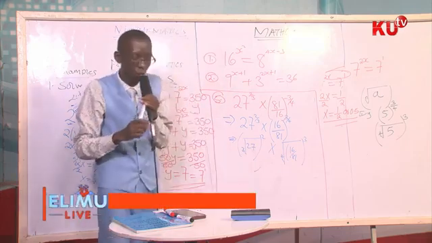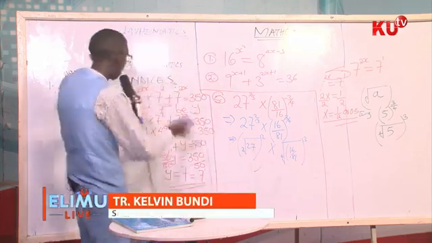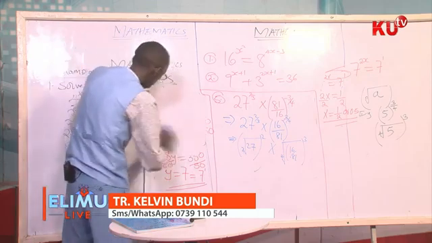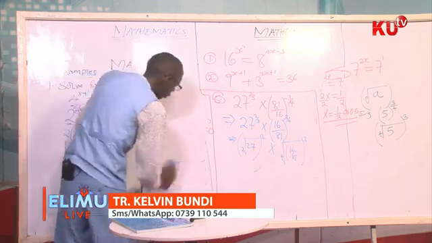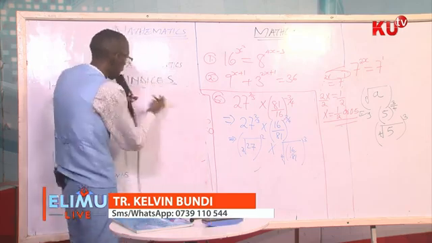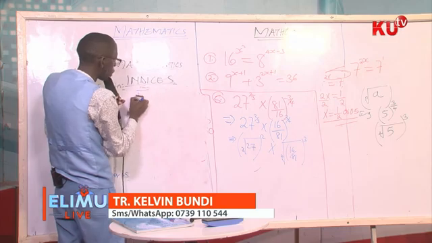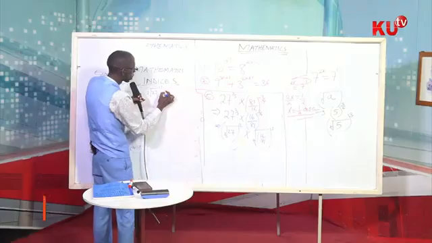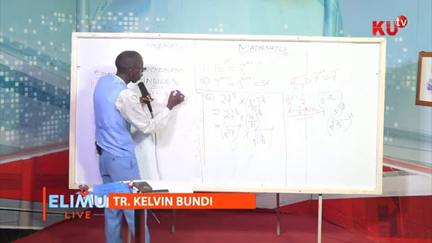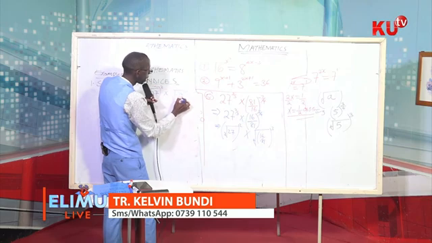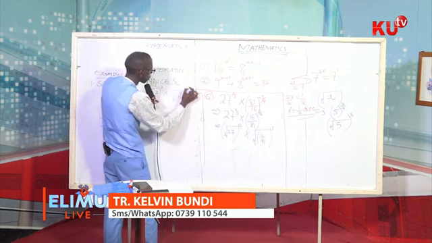That is a law of indices that we have applied. Still, we continue: the cube root of 27 squared multiplied by the fourth root of 16 over 81 cubed.